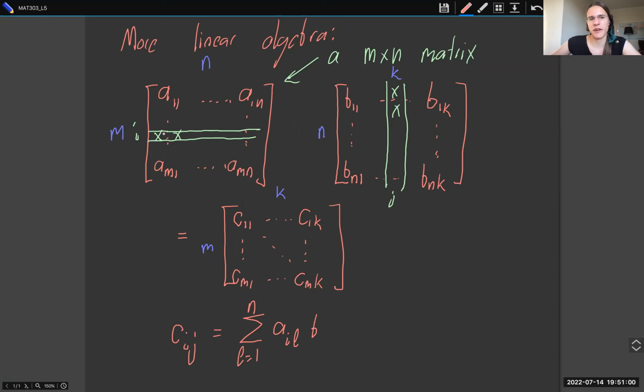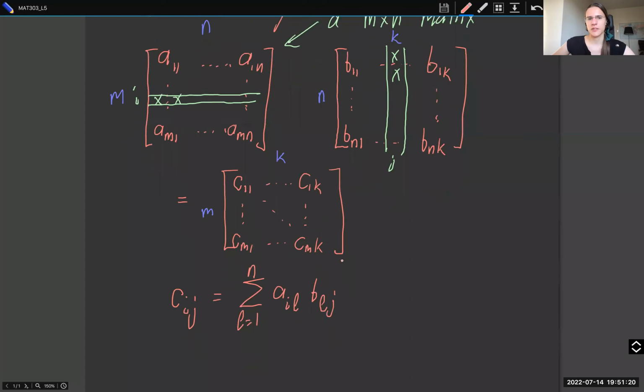Here, the column was varying and the row is fixed. And here, the first index is going to vary, and the second index will constantly be j. So basically, you're sort of contracting this index over all possible values and you're summing them together. So that's how matrix multiplication works.